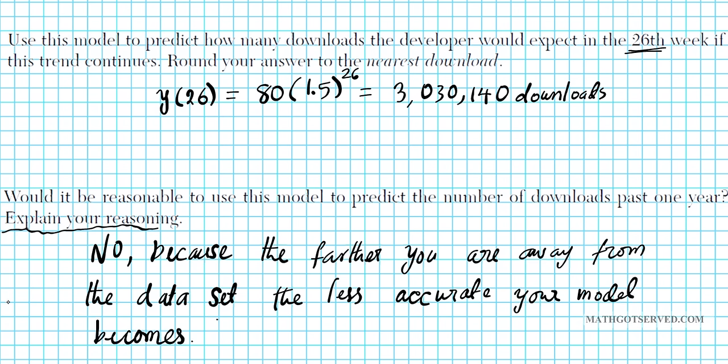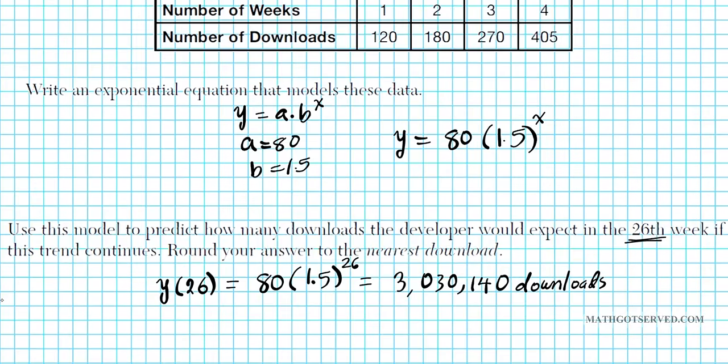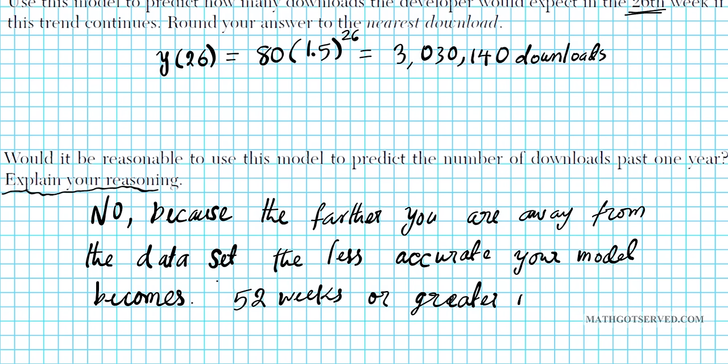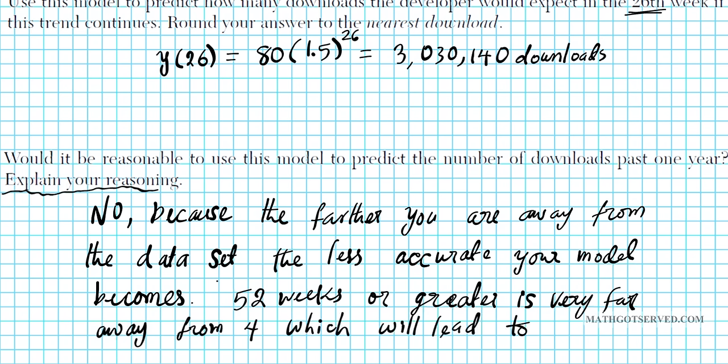Our data set tops out at 4 weeks, and a year is 52 weeks. So 52 weeks or greater is very far away from 4, which will lead to a very inaccurate prediction.